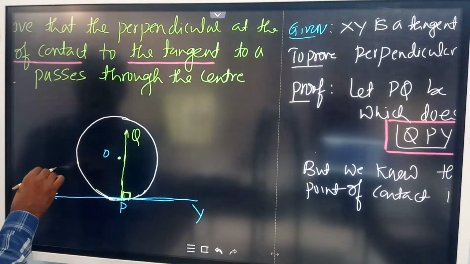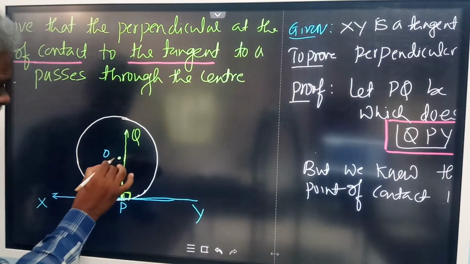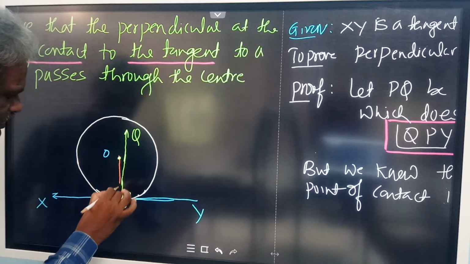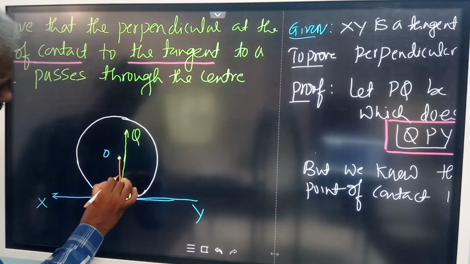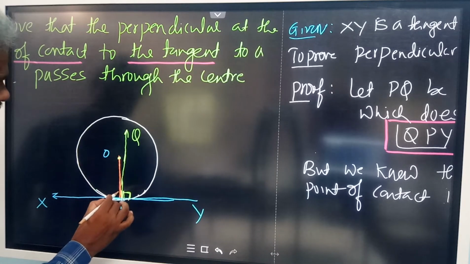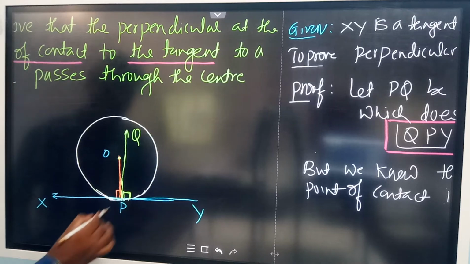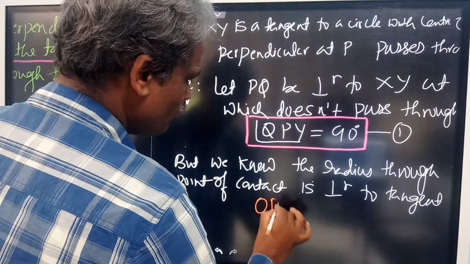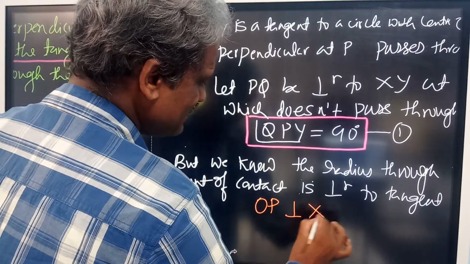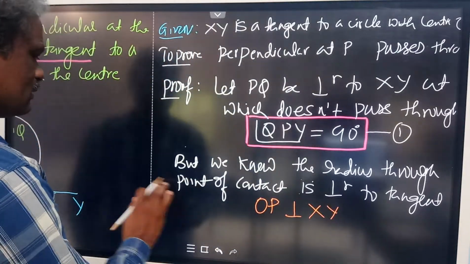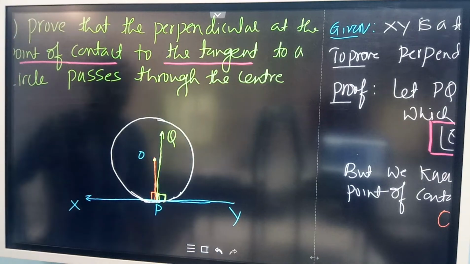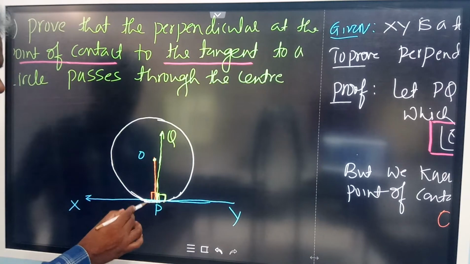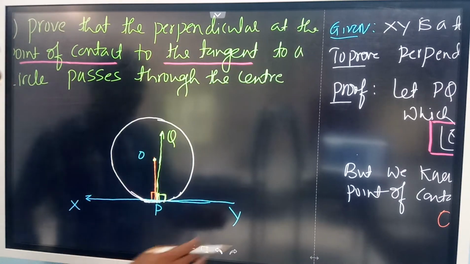Let us draw another line, the radius. So you can join this one. Let us take this as the radius, and this is perpendicular. So OP is the radius. You can write OP is perpendicular to tangent XY. As per that theorem, OP is the radius drawn through the point of contact, so OP must be perpendicular to XY.